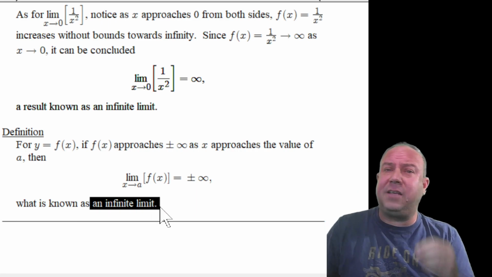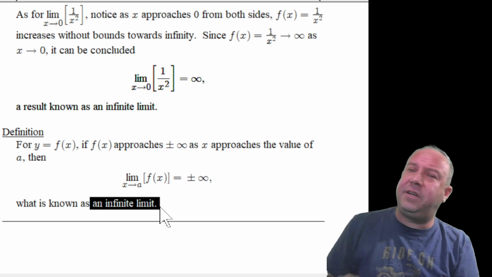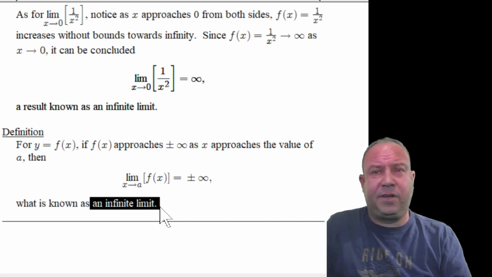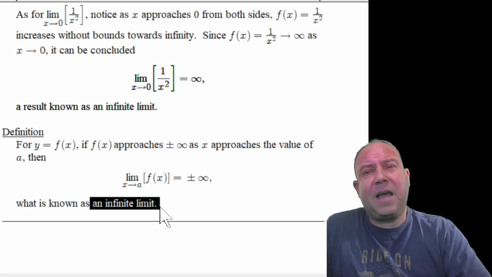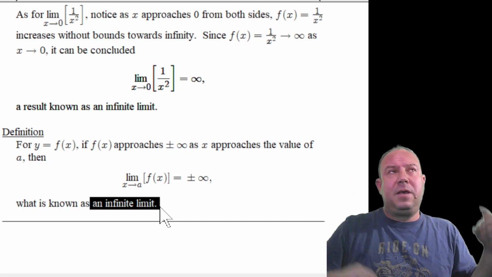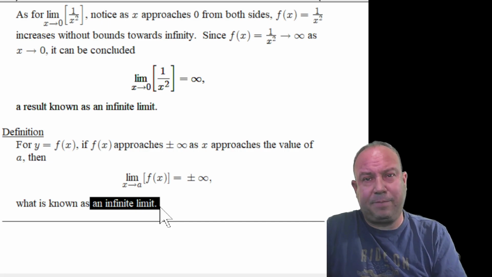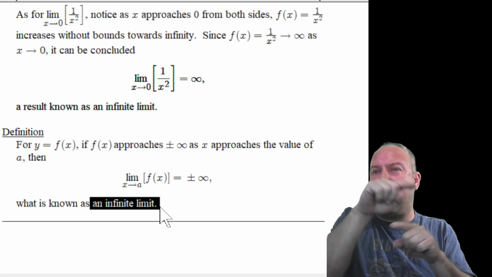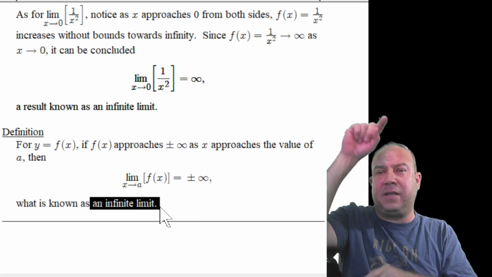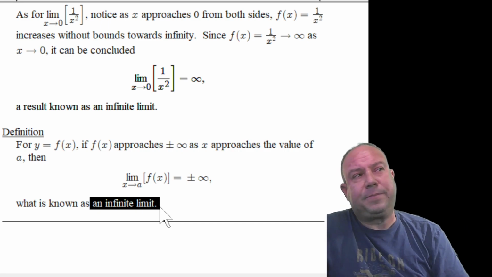This considers the case of f approaching exclusively positive infinity or exclusively negative infinity. It's not going to approach both from the left or the right at the same time. It's either going to go up to positive infinity or go down to negative infinity.